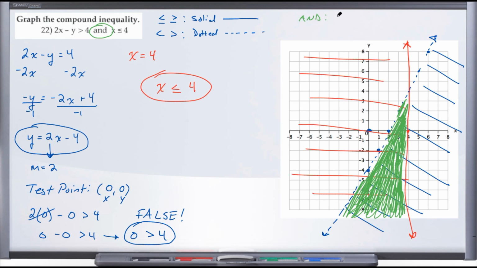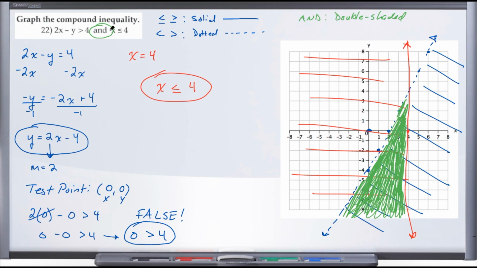So when the word is "and," you are looking for the double shaded region. Make sure that you go back to the graph and really emphasize this part as being your answer, so that your professor knows that this part here is my answer.